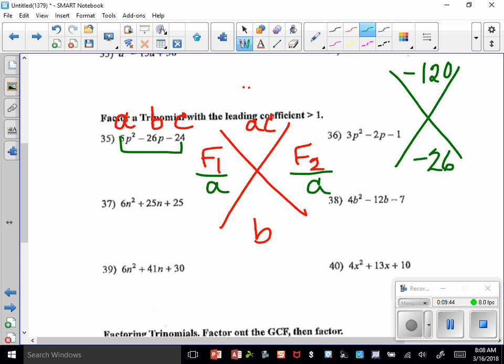Okay. Now, that can be very difficult to do if you have to list all the factors of what times what can give you negative 120. So there's a way that your calculator can help you with that. So if everyone would go to page 4 in your packet, there are a set of directions.